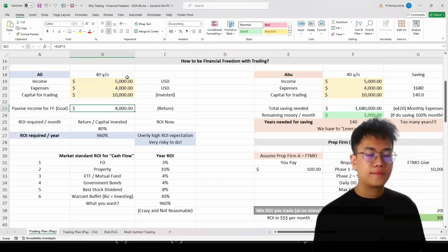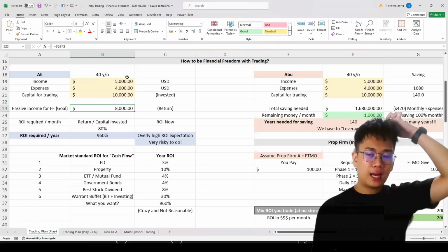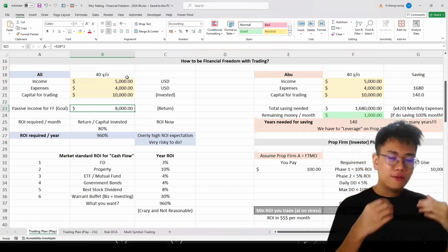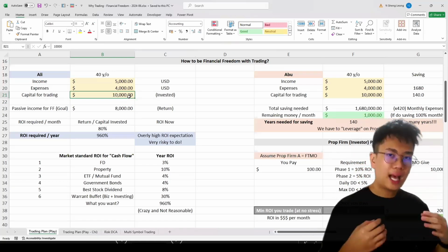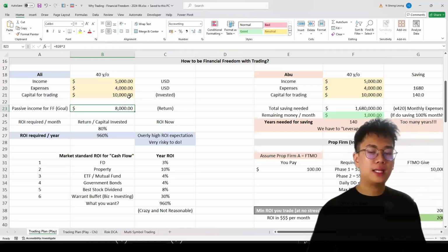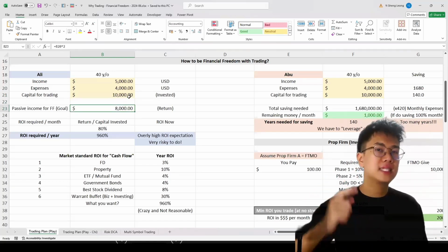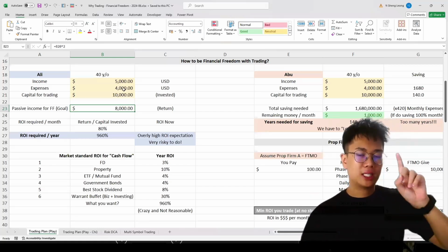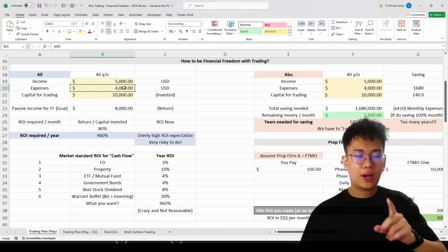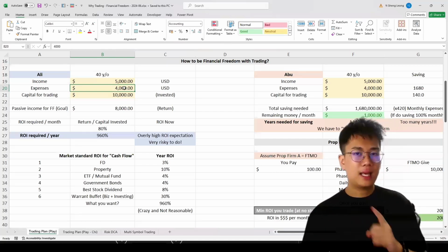Next, you are now going to invest the $10,000 to trade, and you're targeting to make a profit of $8,000 every single month, so that you can take the profit, cover your expenses, and still have extra money to save. That is your target.